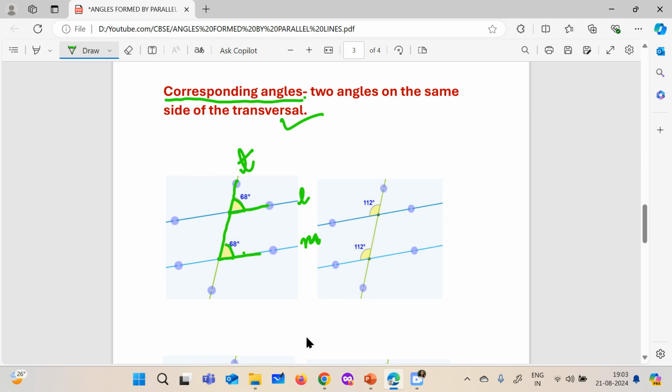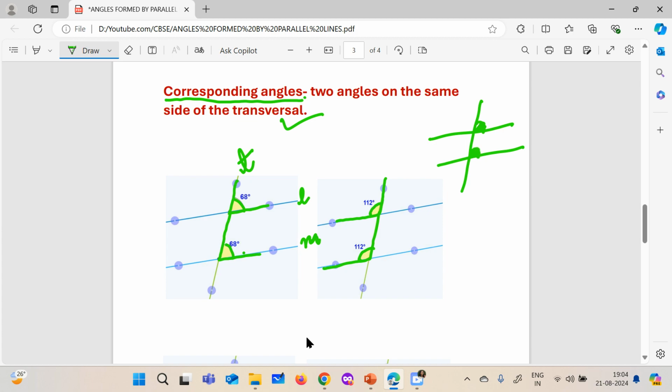So these two are the corresponding angles. Now, on the left hand side of the transversal line, we have another pair of corresponding angles. One thing you must remember is that corresponding angles are on the same side of the transversal line. If this is one angle, its corresponding angle will be here.